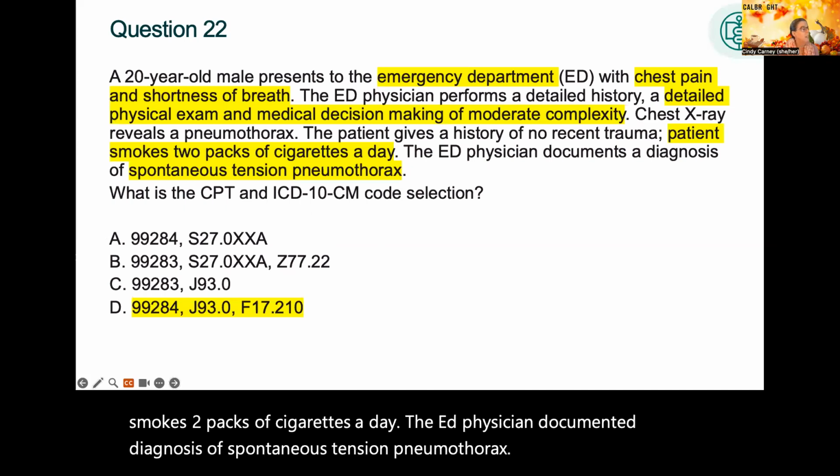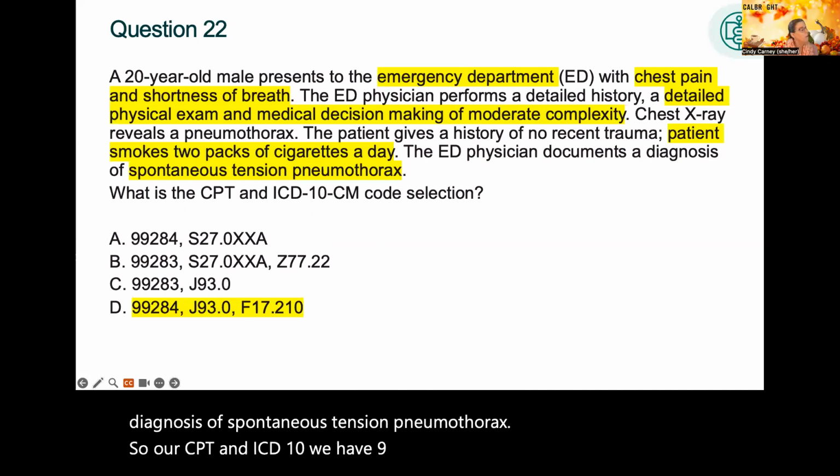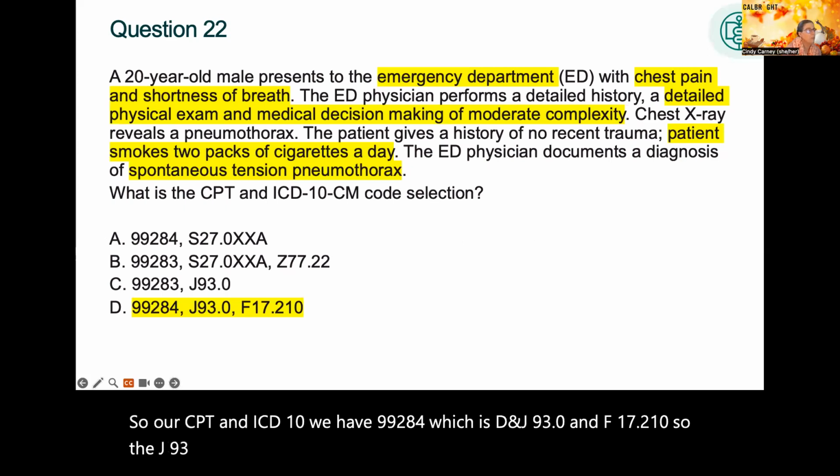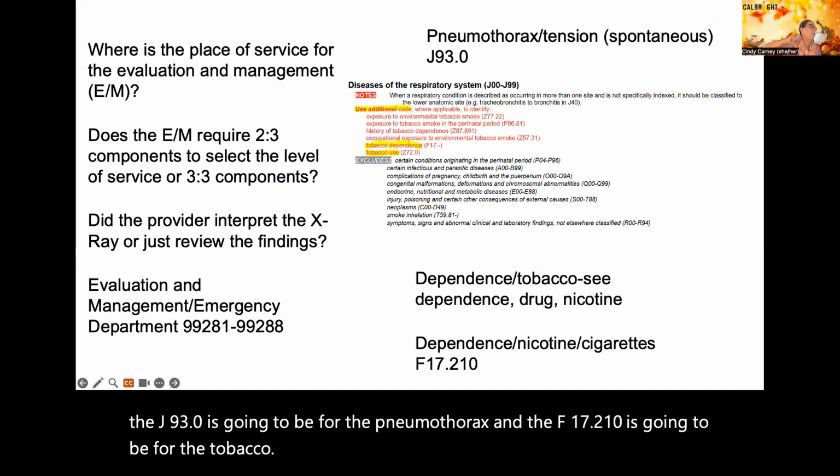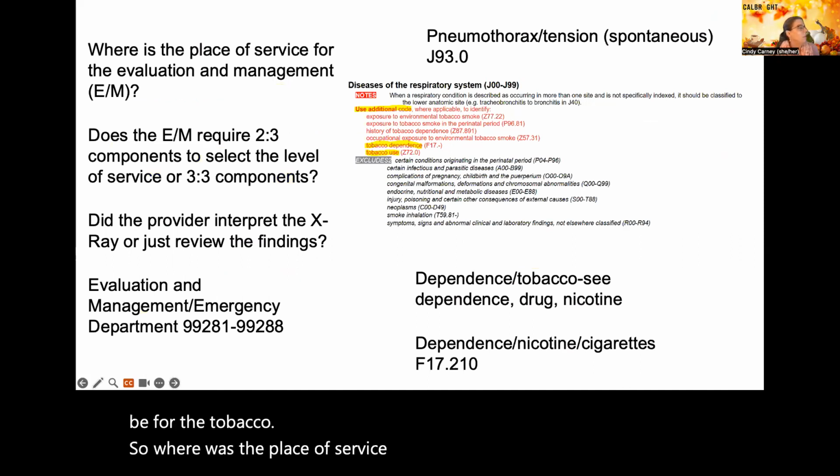So our CPT and ICD-10, we have 99284, which is D, and J93.0 and F17.210. So the J93.0 is going to be for the pneumothorax, and the F17.210 is going to be for the tobacco. So where was the place of service? We said it was in the emergency department.